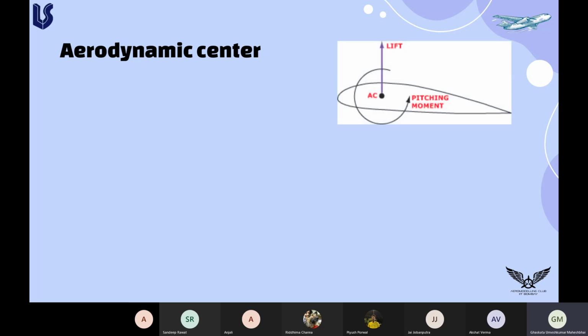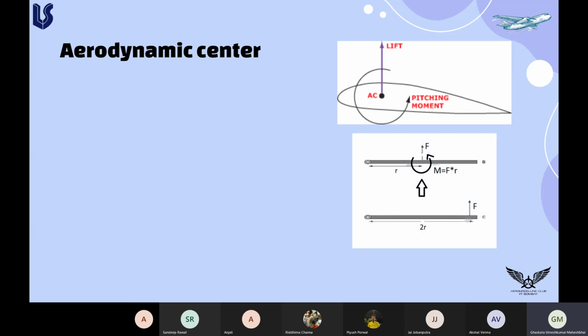Now in this picture, the lift is acting at the center of pressure. But is it true for any other point? No, right? If we want to move the position of the force, then we have to apply the associated moment at that point. Let's verify this.